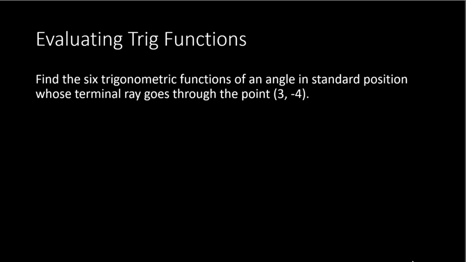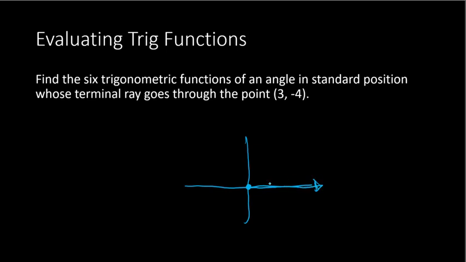So now using that information, what we want to do is figure out the 6 trig functions of an angle in standard position whose terminal ray goes through the point (3, -4). Now remember, standard position means that the initial ray starts at the origin and goes to the right on the x-axis.